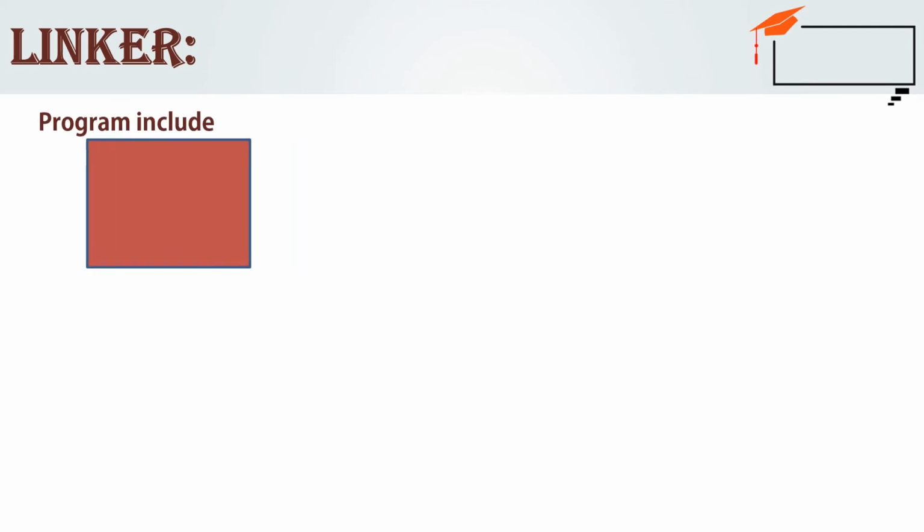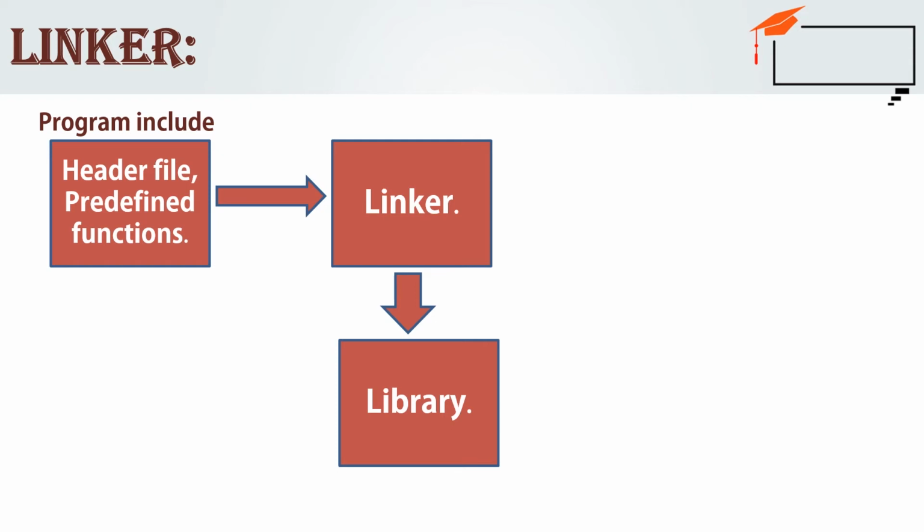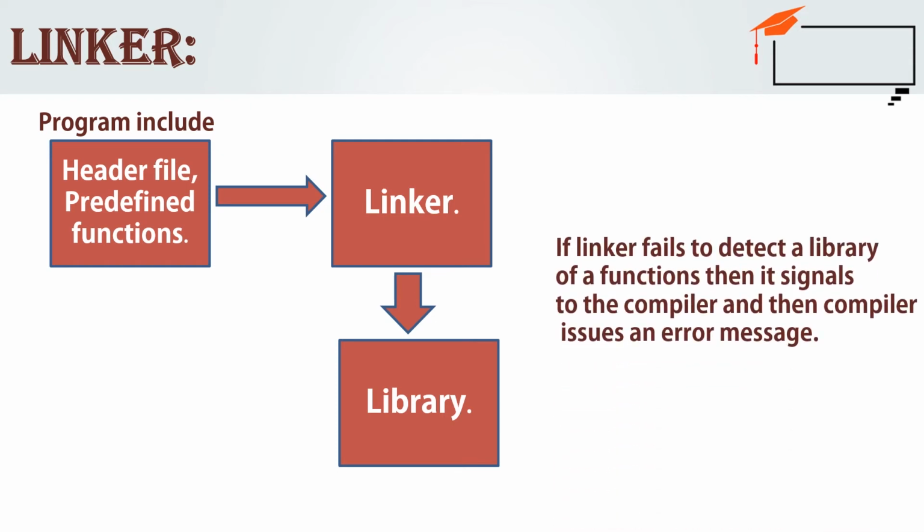Linker. In high-level languages, some built-in header files or libraries are stored. These libraries are predefined and contain basic functions for program execution. These functions are linked to the libraries by a linker program. If the linker fails to detect a library of a function, it signals the compiler, and then the compiler issues an error message.